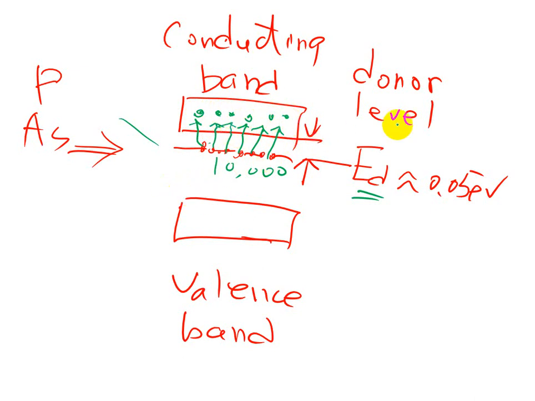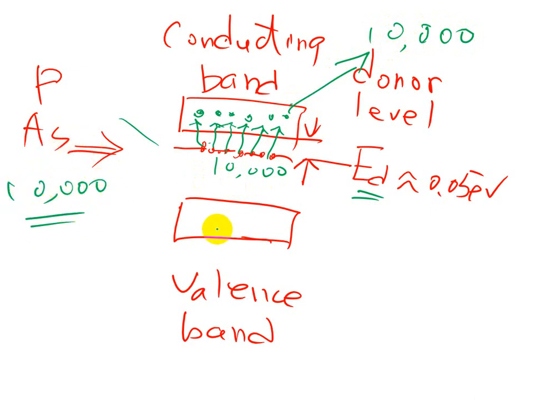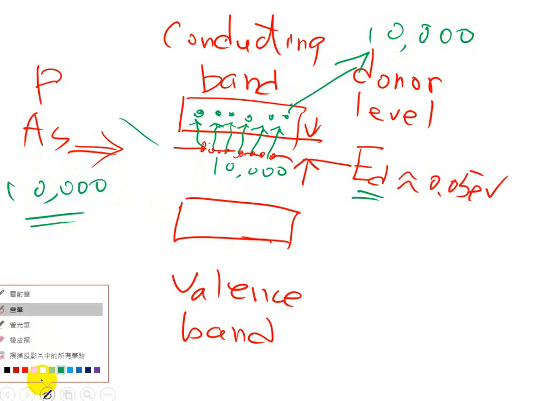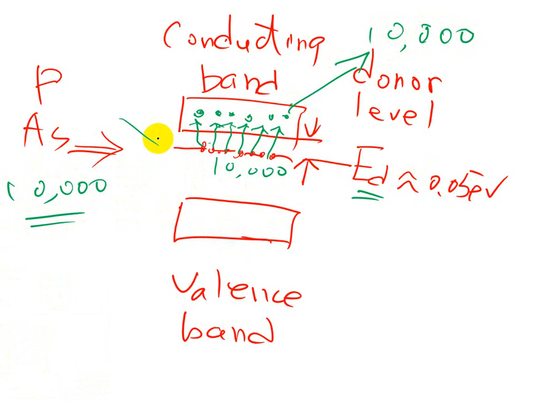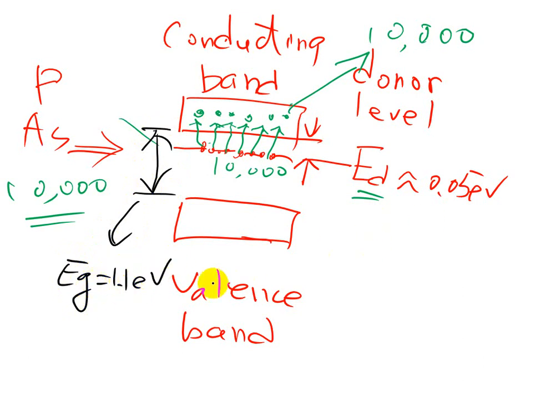How many electrons over here? That will be 10,000, because you put 10,000 atoms here. But since the energy gap over here is 1.1 electron volt, the Eg is much higher than 0.05 electron volt.